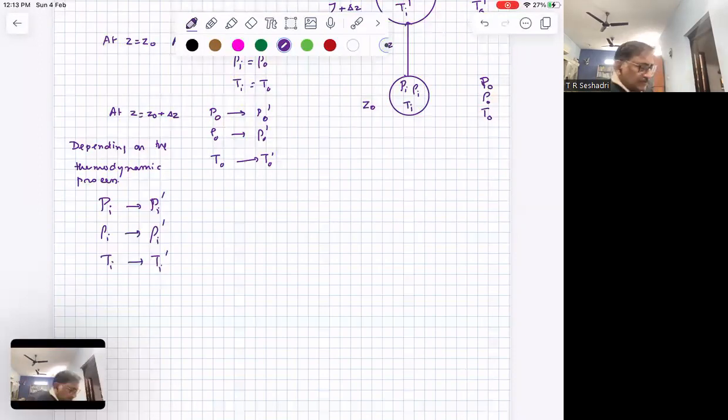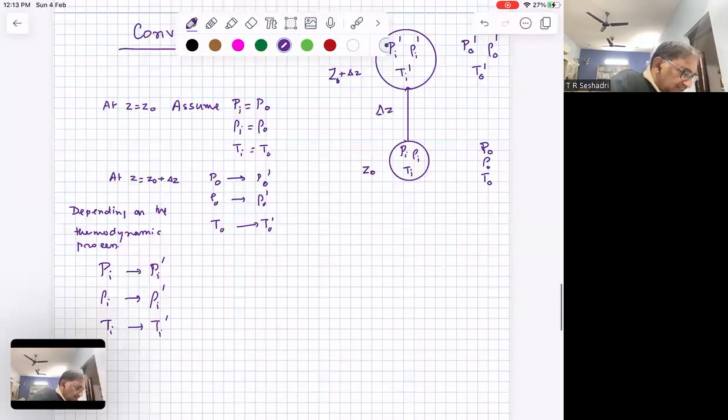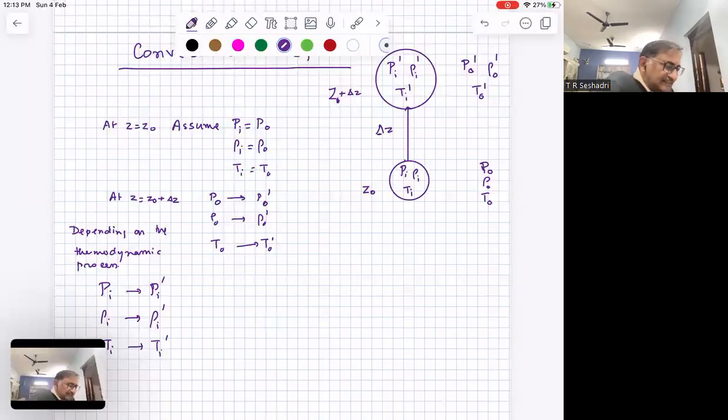Now, what is important is that the change outside is a given change for the given atmosphere, whereas the change of pressure, density, and temperature inside the blob does not necessarily have to follow the same change as outside. Depending on how much is the heat exchange and so on, it can chart its own course of history. Is this clear? Yes. Okay.